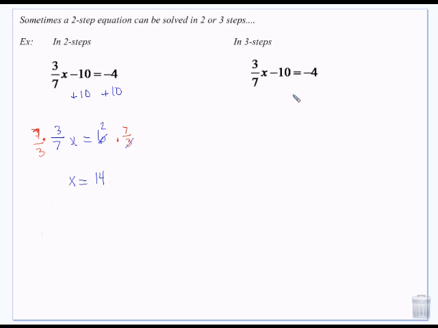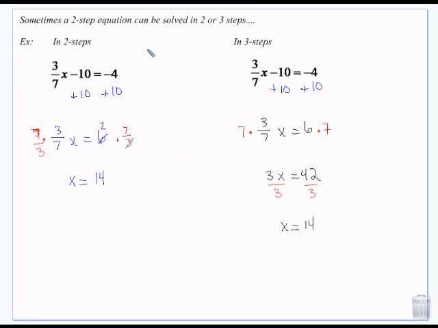Or you can do this in 3 steps. If you hate fractions, which some people do, no judgment. I'm going to multiply both sides by 7. So I get 3x is equal to 42, and then I will divide both sides by 3 and get x equals 14.